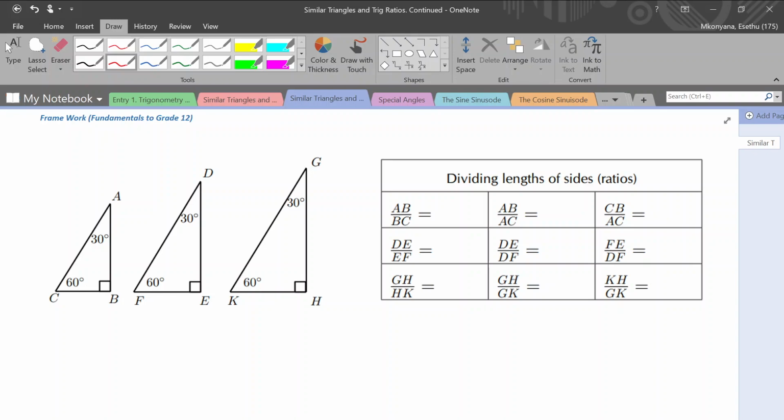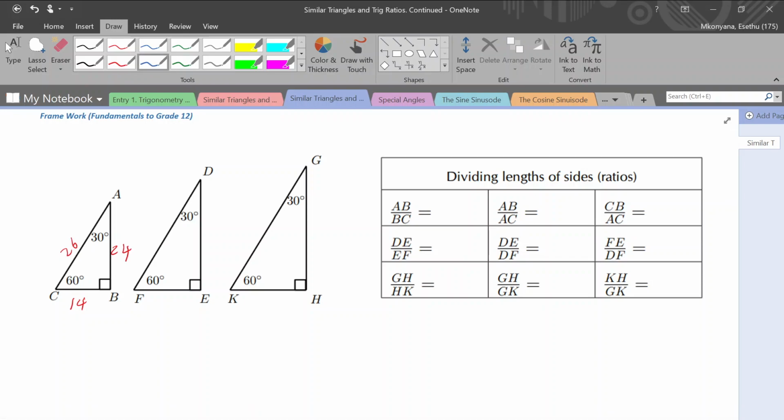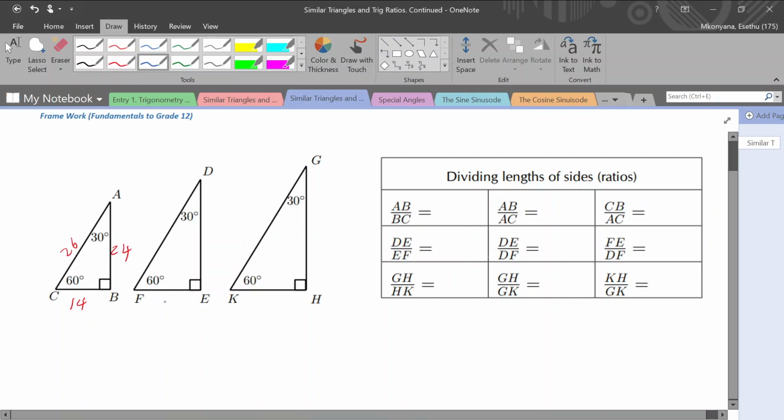You can also measure them, and of course you'll probably get different values from mine. You can pause the video and measure this side. When I measured, I got 14 millimeters, then 26, and here I got 24, I think. And then on this side I got 17, 35, and 34.